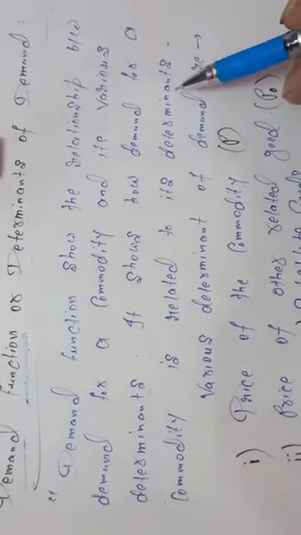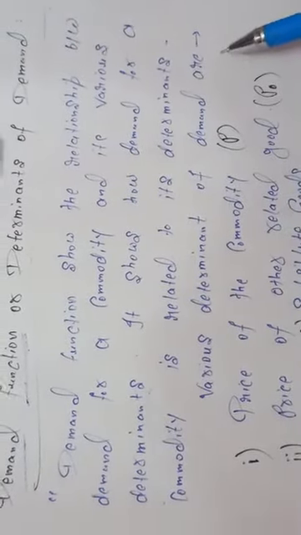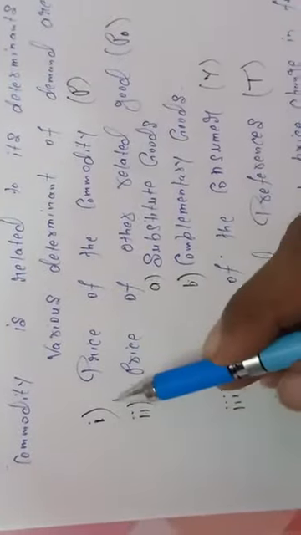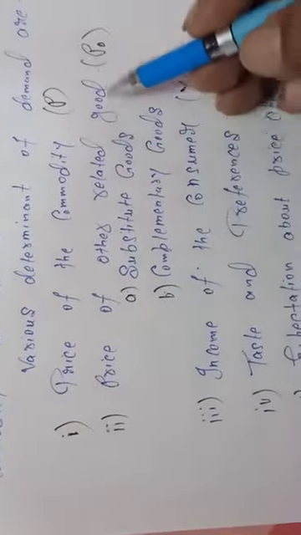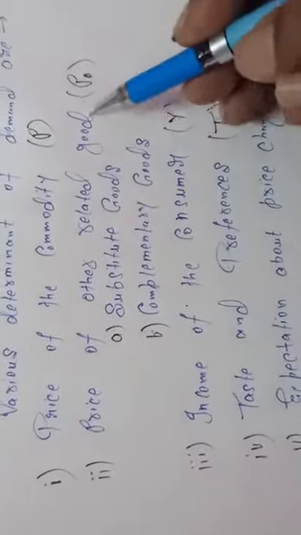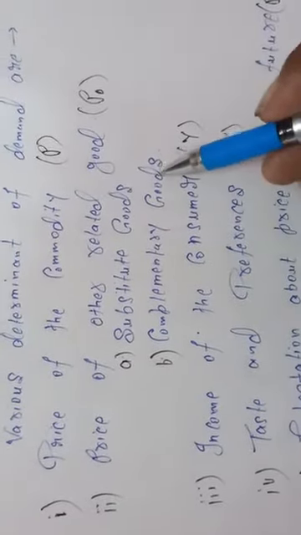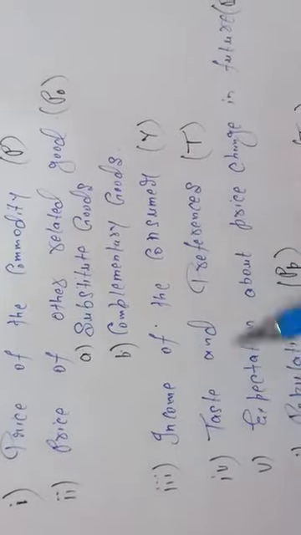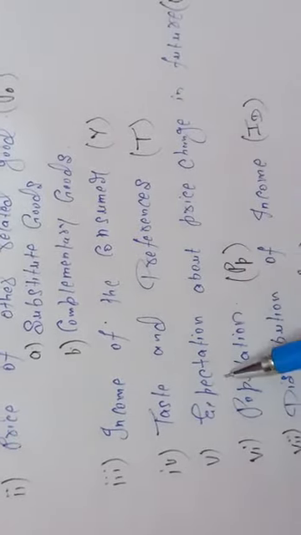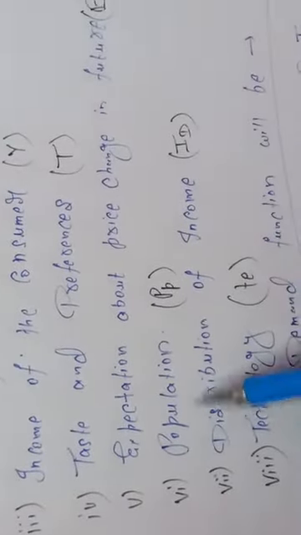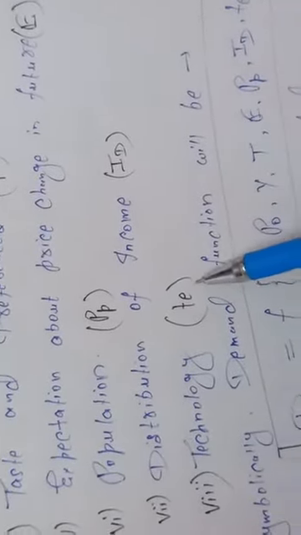Clear? Various determinants of demand are: the first one is price of the commodity, then price of the other related goods. Other related goods, two types of goods are there: substitute goods and complementary goods. Third one is income of the consumer, then taste and preference of the consumer, expectation about price change in future, population, distribution of income, technology.